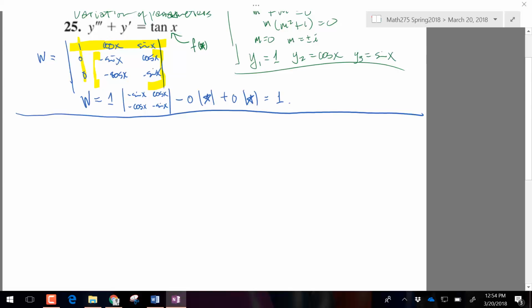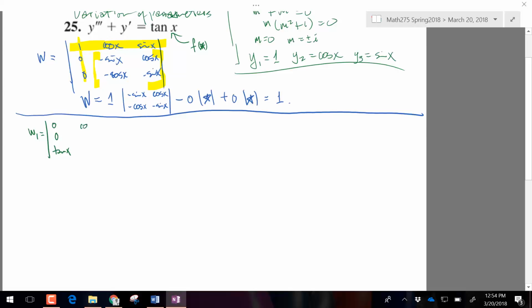And so our Wronskian 1 is going to have the first column replaced with 0, 0, f of x, and then the other two columns will remain the same.